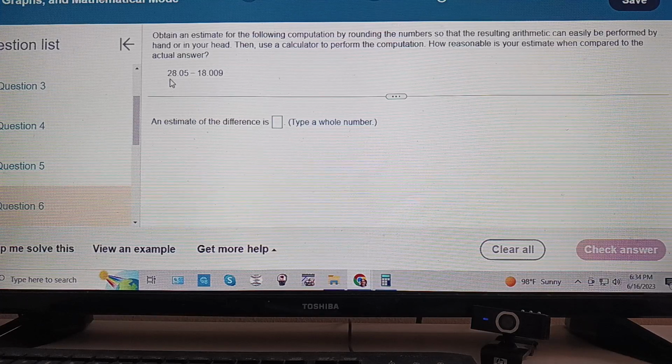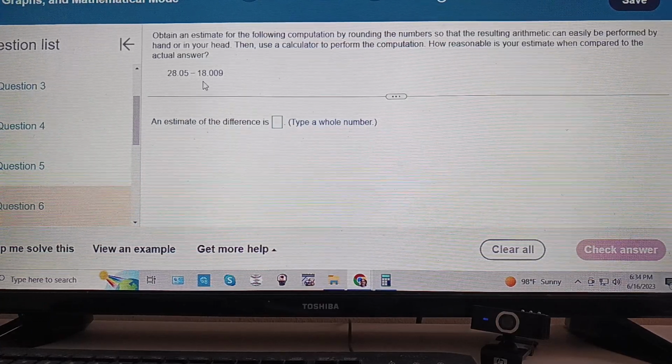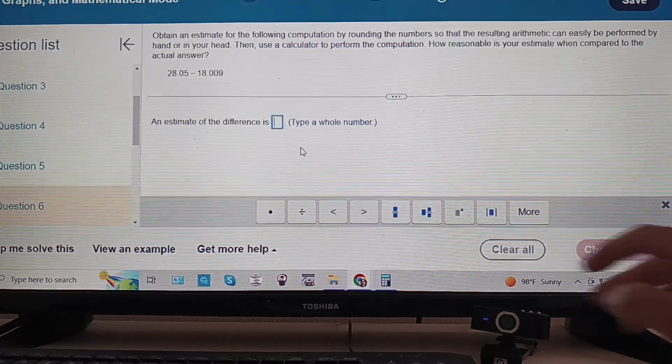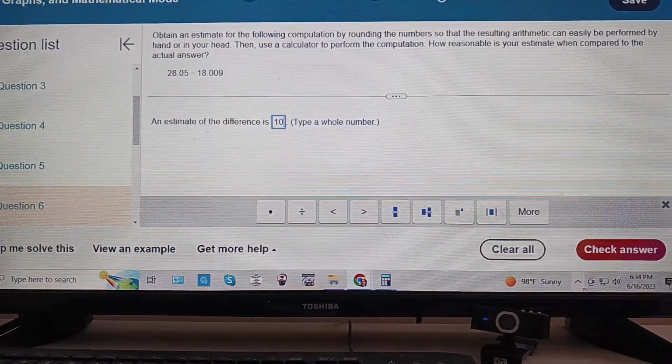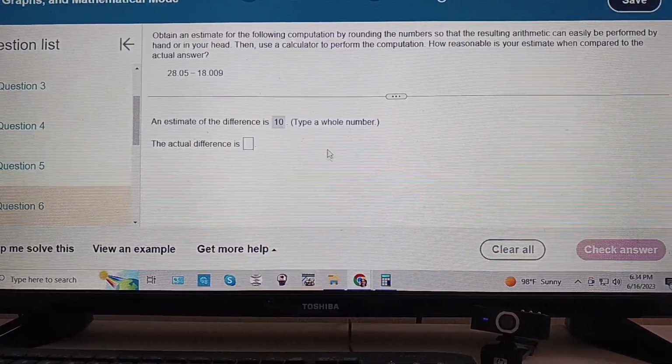Same thing here. Take this 28.05 and make that 28. And why not make the 18.009 close to 18? Why not just do 28 minus 18? You could probably do that in your head. 28 minus 18, the estimate would be 10. What's the actual answer with a calculator?